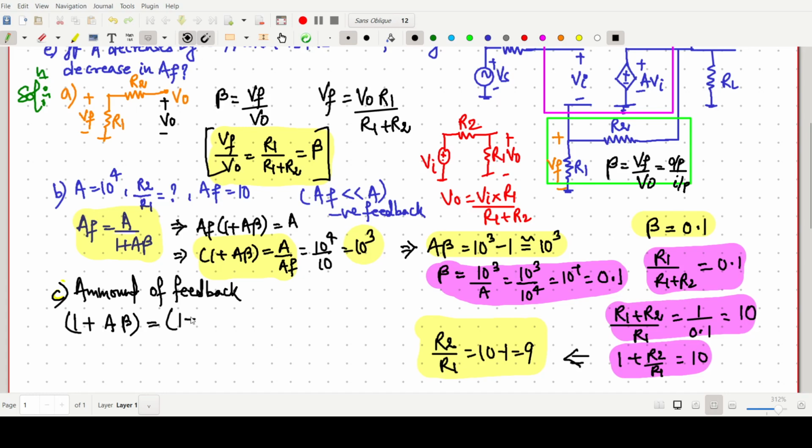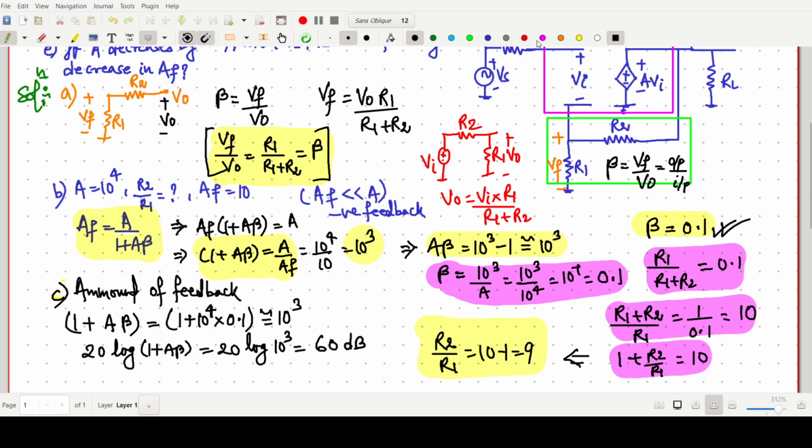We can say 1 plus A beta, where the amplifier gain A is very high, 10 to the power 4, and the beta value we have calculated is 0.1. So this is nearly 10 to the power 3. And if we find the amount of feedback in the dB scale, we have to write 20 log of 1 plus A beta, and it should be 20 log 10 to the power 3, which is 60 dB.